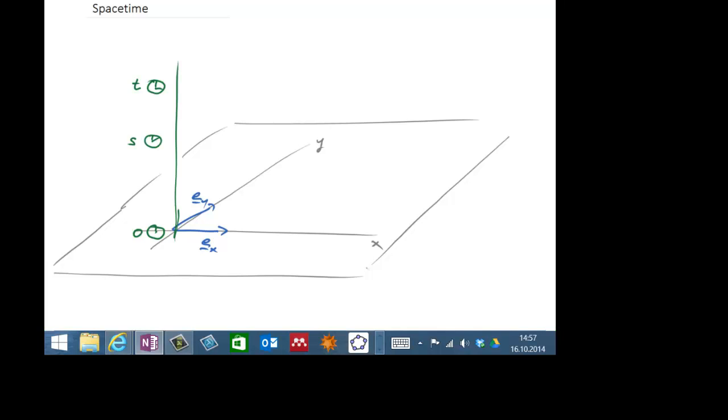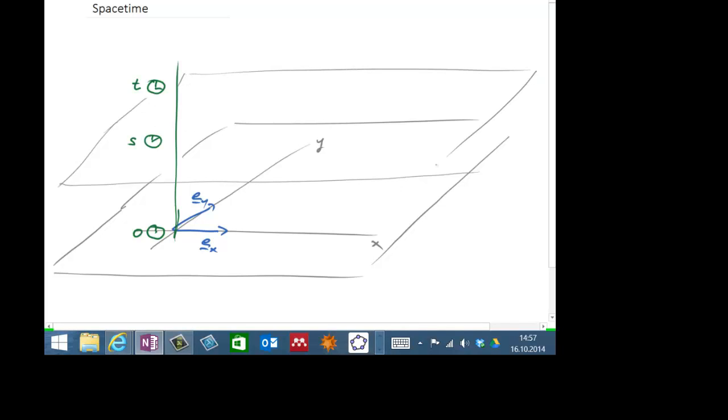Okay? So these are all the events that happen at time 0. And then let me try to indicate here all the events that happen at time s. And then finally, it's so easy, all the events that happen at time t.